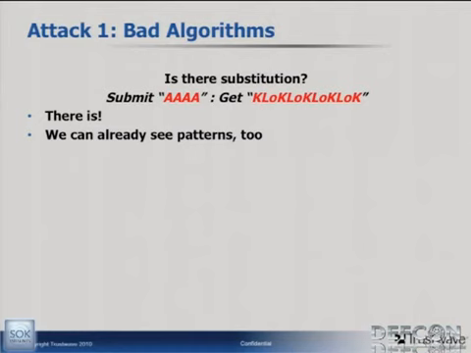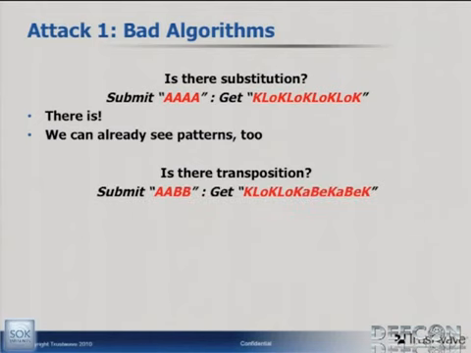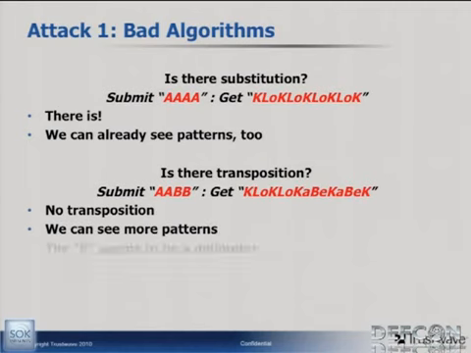The next thing we're looking for is if there's transposition, if characters are being switched around before or after the substitution occurs. So we'll submit AABB, and we see something similar to what we saw last time. You can already start to see patterns in this very quickly. There doesn't seem to be any transposition, and we can see more patterns.